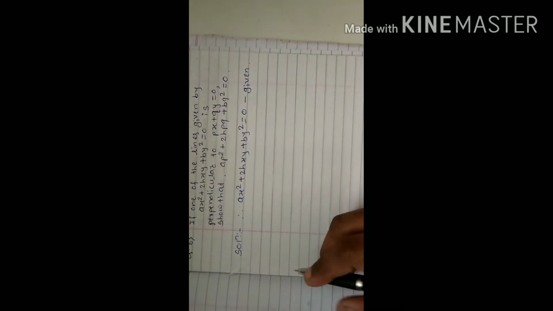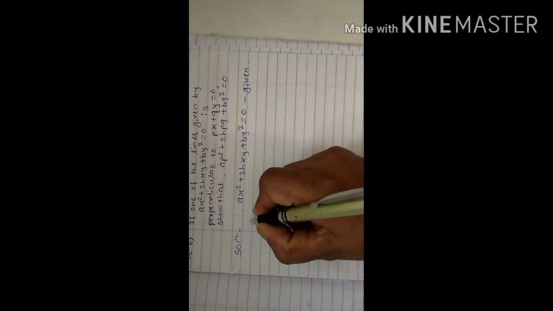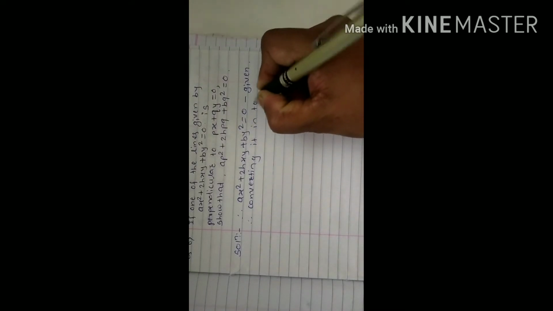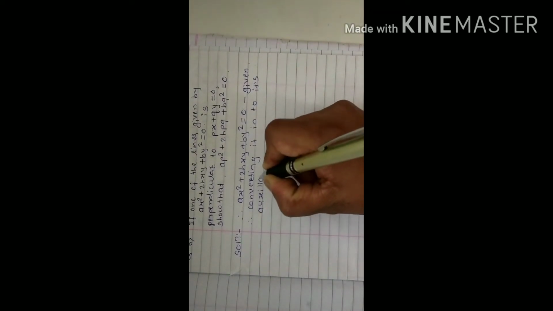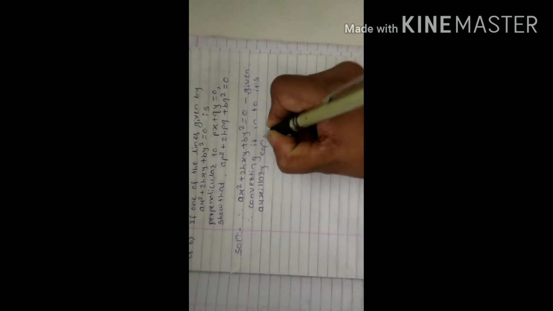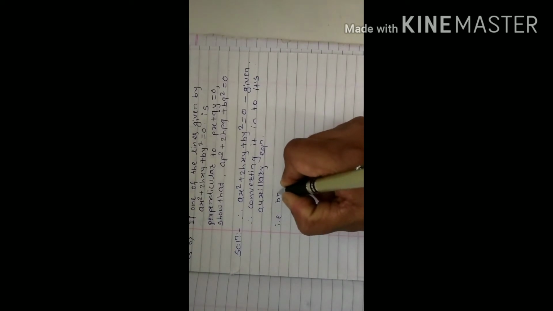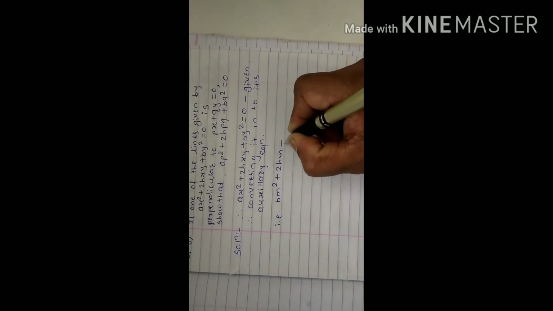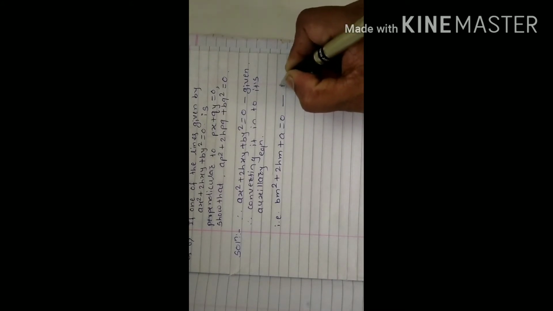Converting it into its auxiliary equation, we know that the auxiliary equation is bm square plus 2hm plus a is equal to 0. We will give equation number first.